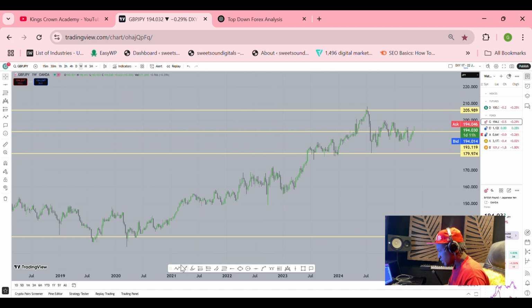Okay, now I take my trend line from here. I want to see if price respects this. And then I have another trend line here.